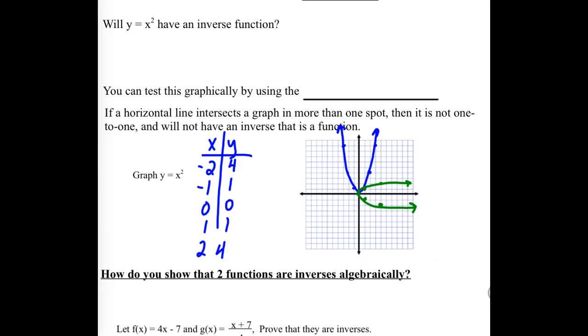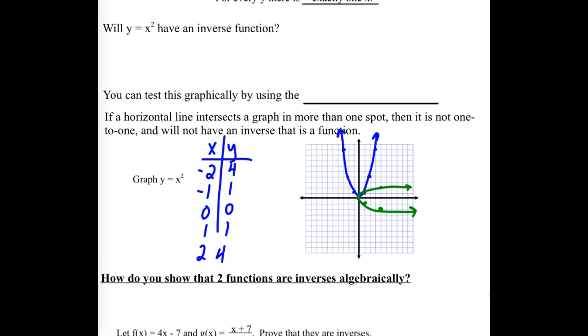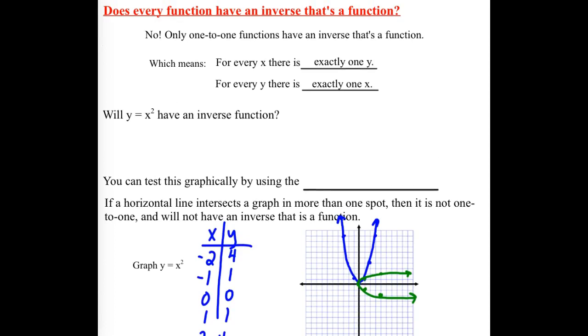Does that pass our vertical line test, the green one? No. Now, that is one way of telling if something's a function and if its inverse will be a function, looking at the graph. We also can look at it algebraically. So if I were to say, just find the inverse function of this, we switch our x and y, and then we solve for y. Well, how do I solve for y if it's being squared?